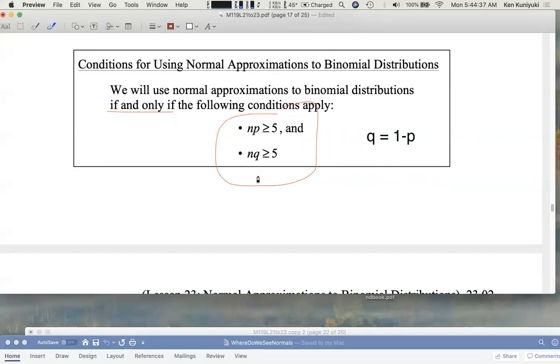So if you have these two conditions applying, if np is at least 5, and if nq is at least 5, then that guarantees that n is big enough, and that p and q are not too extreme, so that neither one of these is too close to 0. So under these conditions, we will say that a binomial histogram looks about normal if np is at least 5 and if nq is at least 5. But what is the normal approximation we're going to use? We're going to see next time.